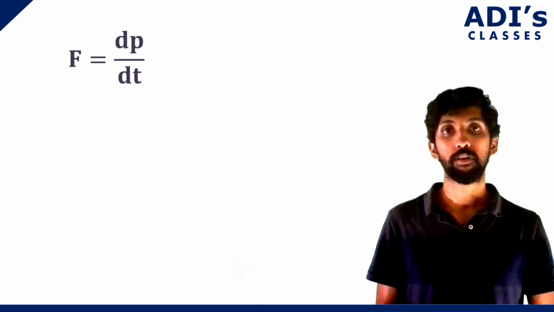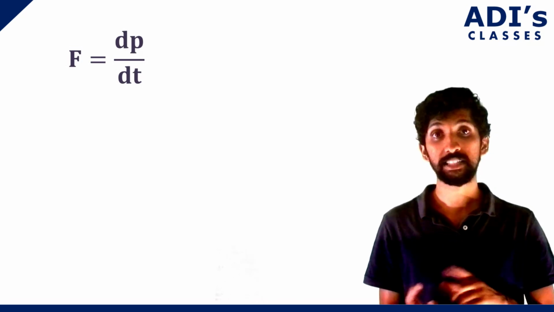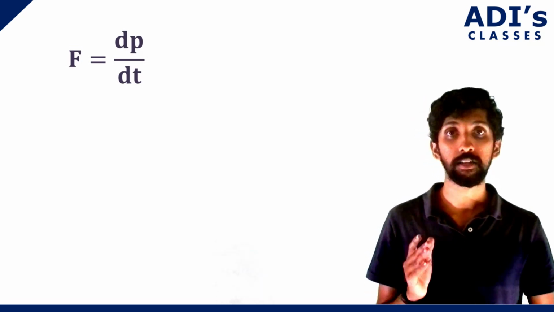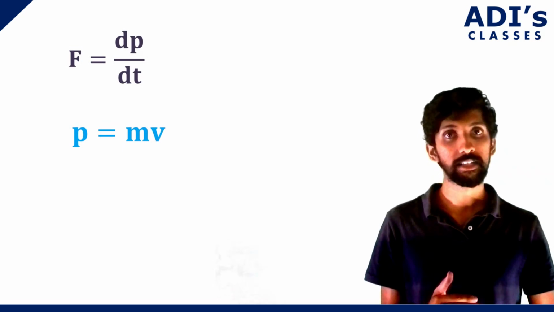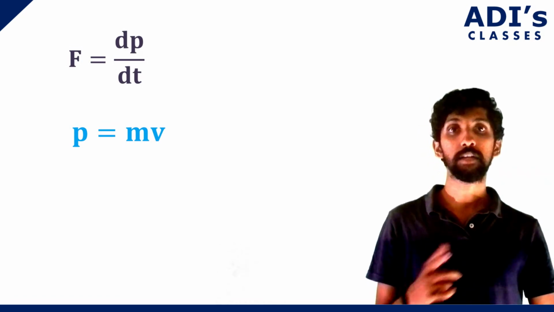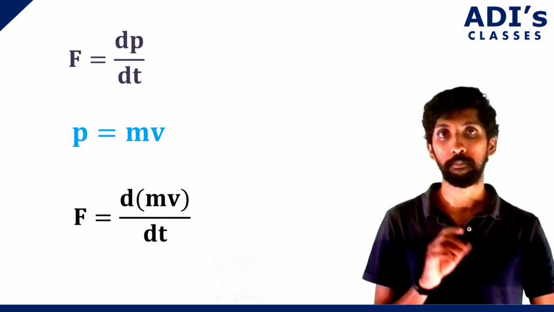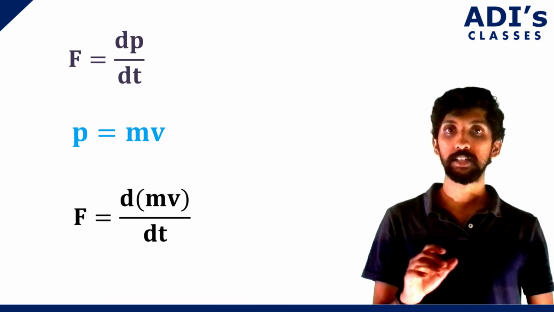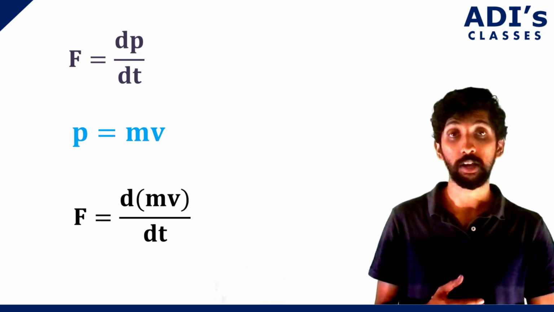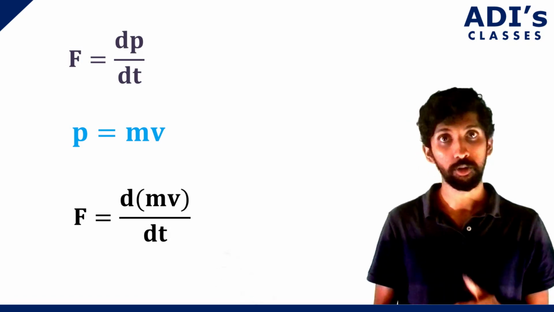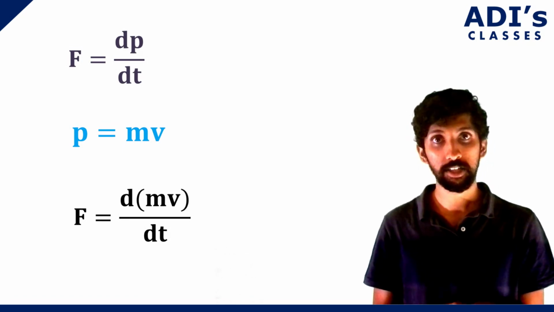Now what is p value? Mass into velocity, that's m into v. So substitute. We'll get F is equal to d by dt of m into v. Now tell me, suppose you kick a football. Will the mass of the football change? No, right? Only the velocity changes.